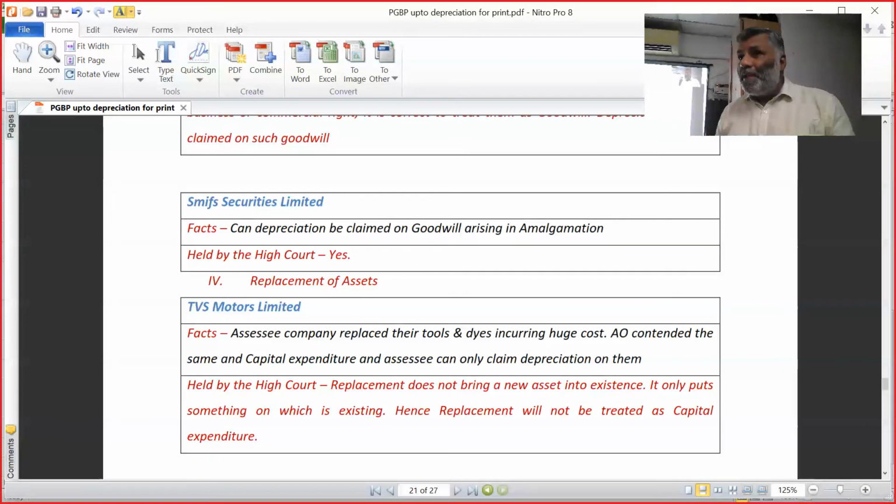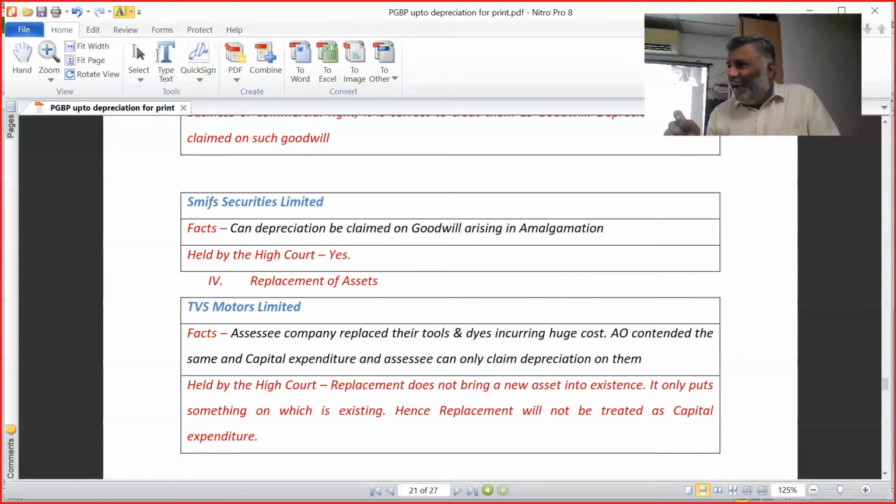Replacement is as simple as first time painting and repainting. First time painting the building, you always capitalize the cost. Repainting once in 5 years, practically every year in your books of accounts.